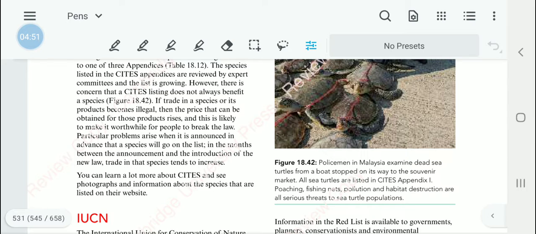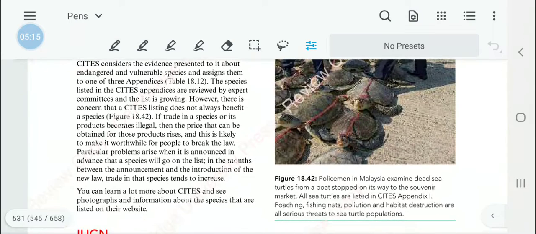So that is what has happened to the ivory trade. For ivory there is a huge demand, and because there is a small supply, people kill off these animals to obtain that high profit. You can actually see a lot of details about the animals listed on the website of CITES.